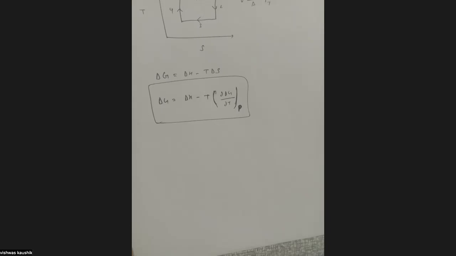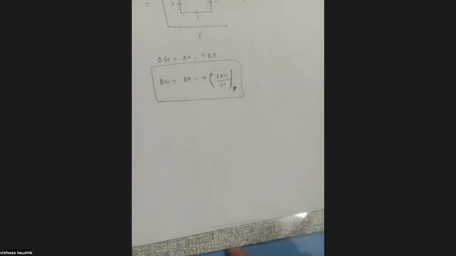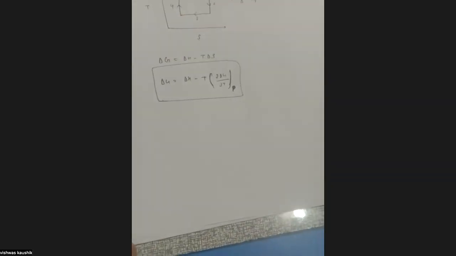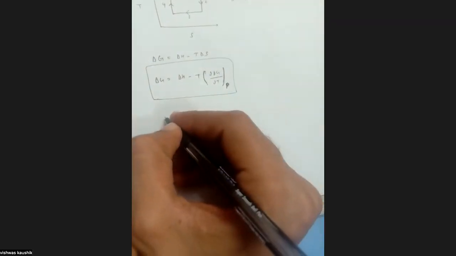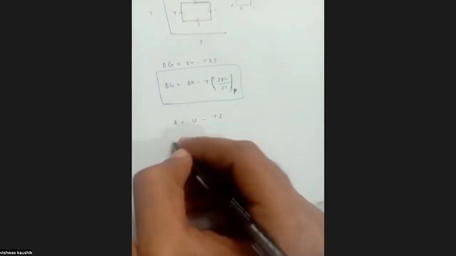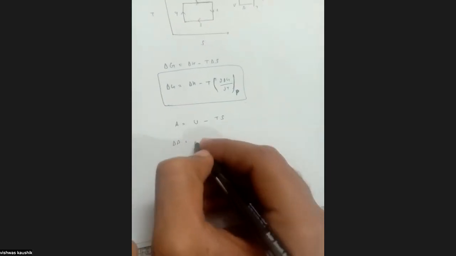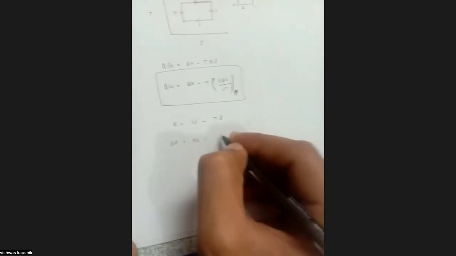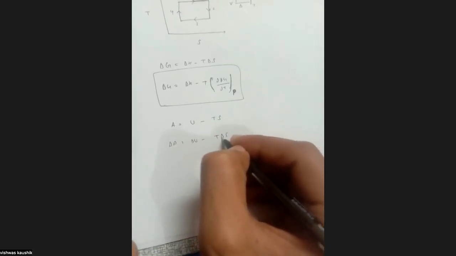And what is the work function, the Helmholtz function, the Helmholtz free energy function? Do you have any idea? The work function is represented by A, sir. A is equal to U minus TS, or delta A is equal to delta U minus T delta S. This is the work function, sir.